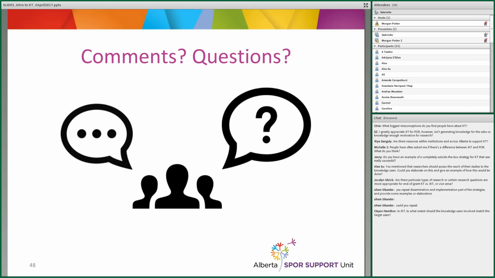Absolutely. I think that there's a lot of research, especially a lot of the Pillar 1 upstream curiosity-based research, that is better to just consider end of grant, and pilot projects and that sort of thing.